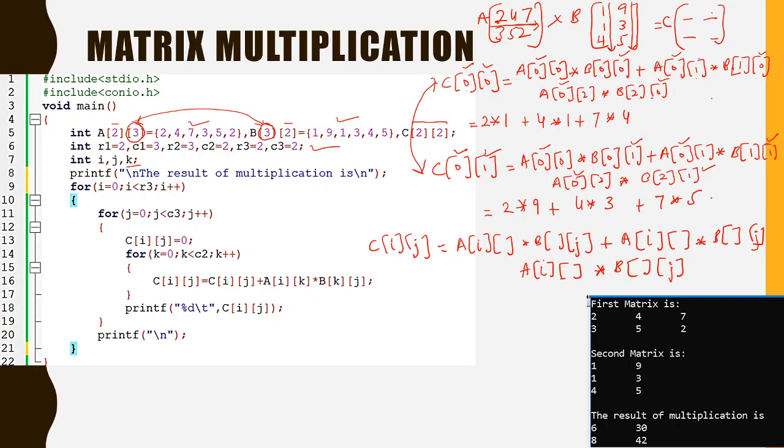So another integer will be required, and that will increment from 0 up to c2, that is the number of columns in the second matrix, right? So that would be k.